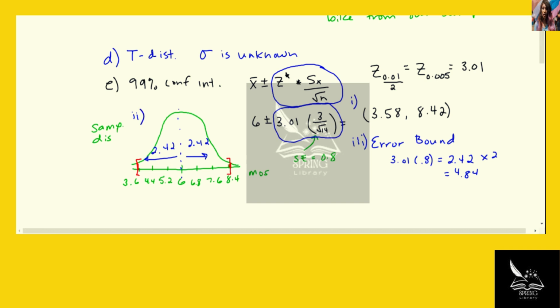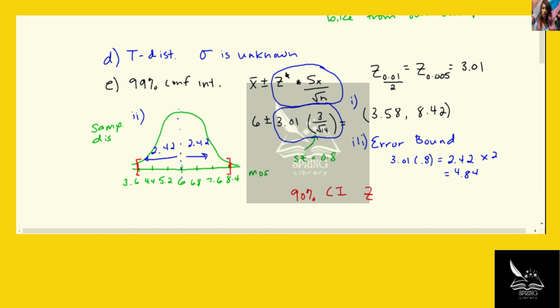All right, so then the next question says, what if we switch gears and look, instead of a 99% confidence interval, at a 90% confidence interval? And what would change about this formula? The only thing that would change would be the z star value.